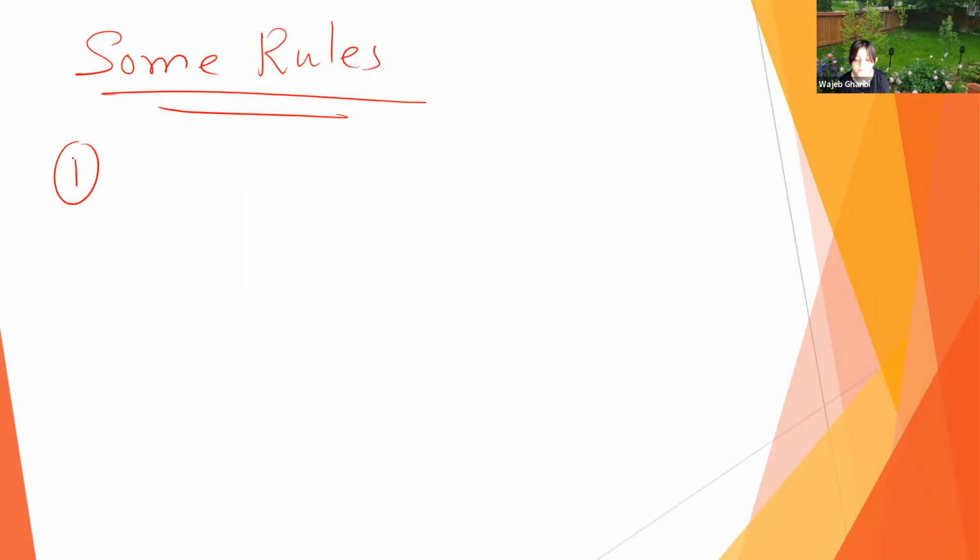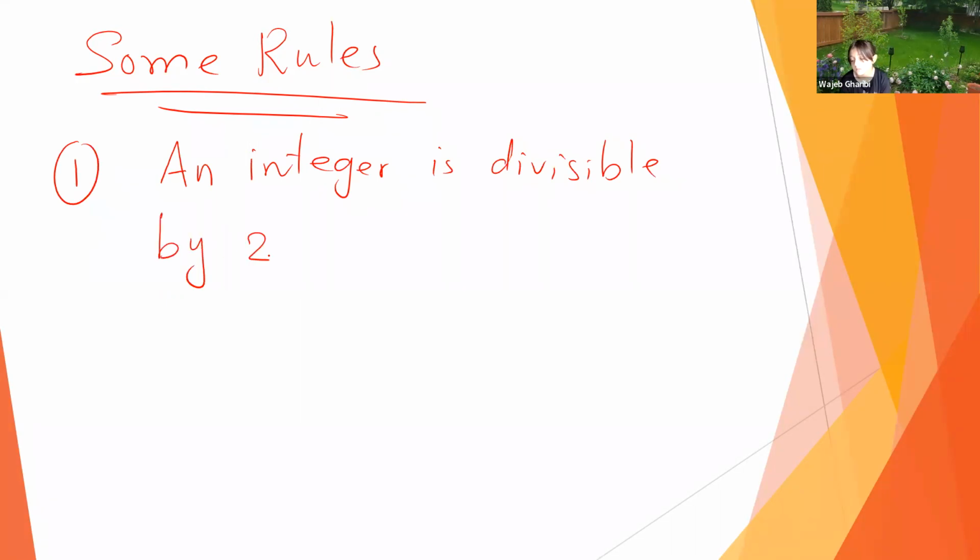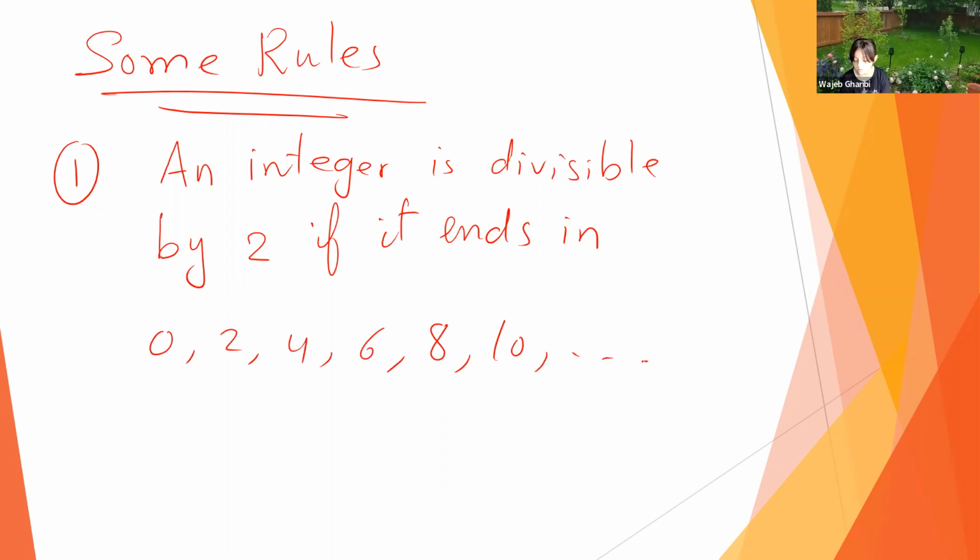An integer is divisible by 2 if it ends in 0, 2, 4, 6, 8, and so on. And these are even numbers.